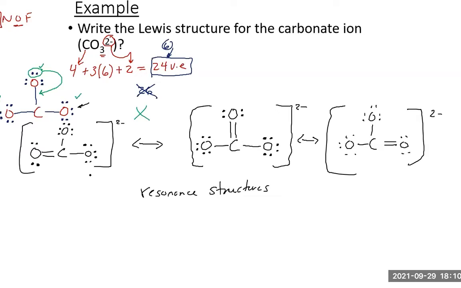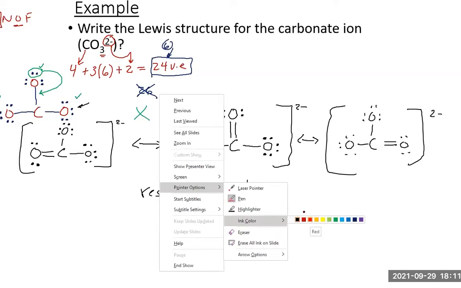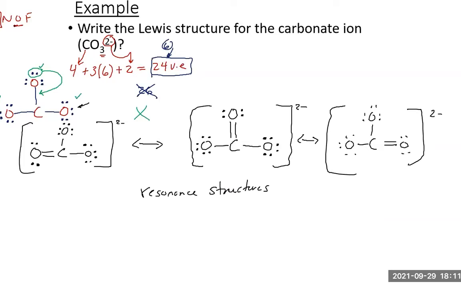And the reason we have resonance structures is for really this situation. We could have made the double bond on the left-hand side, on top, or on the right-hand side. The real reason for it is the double bond electrons are what are referred to as being delocalized, which means at some point in time, they may find themselves over here.